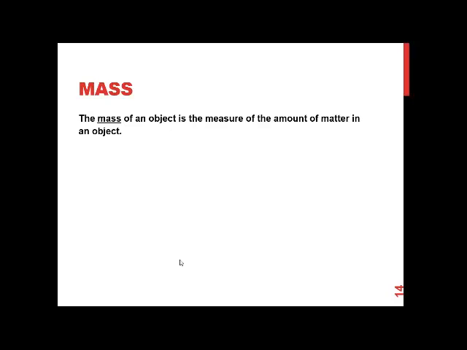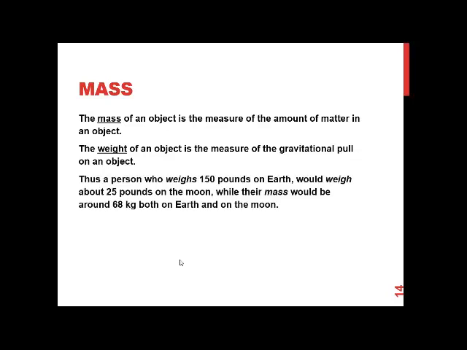On to mass. The mass of an object is the measure of the amount of matter in the object. The weight of an object is the measure of the gravitational pull on an object. It's how much gravity is pulling on it.